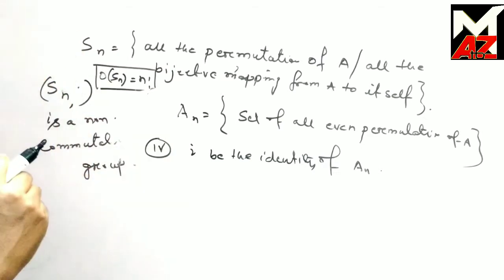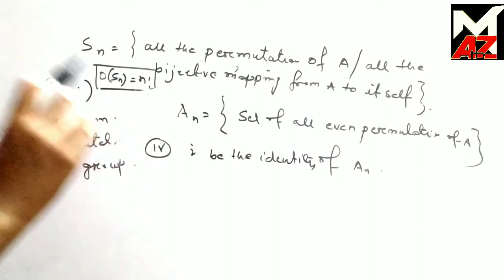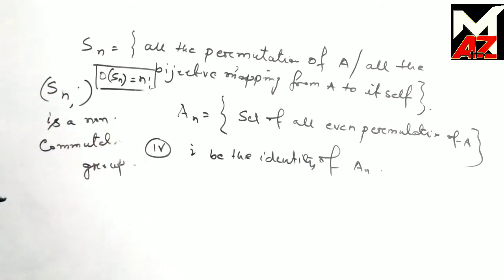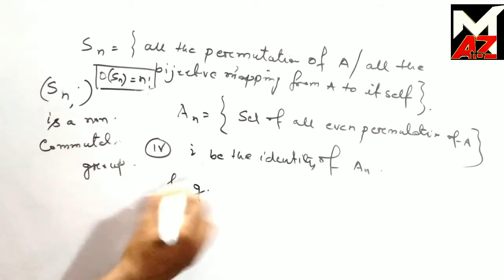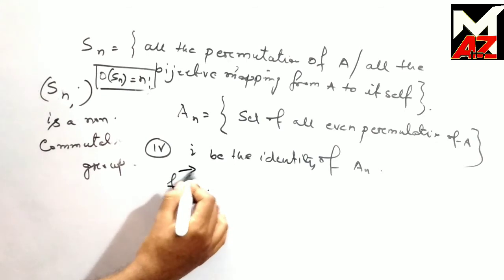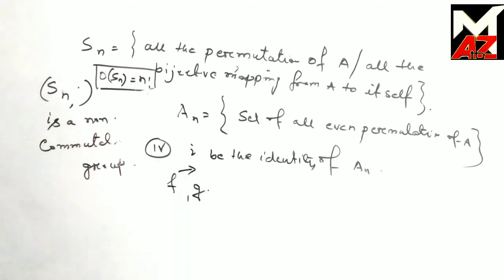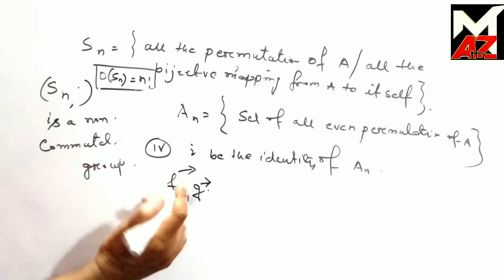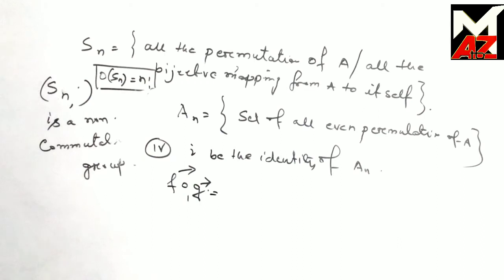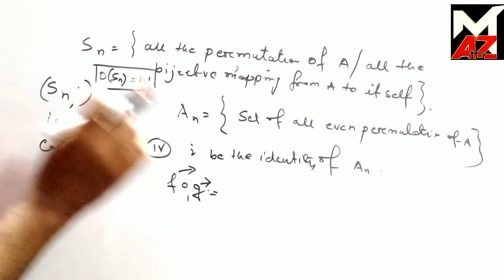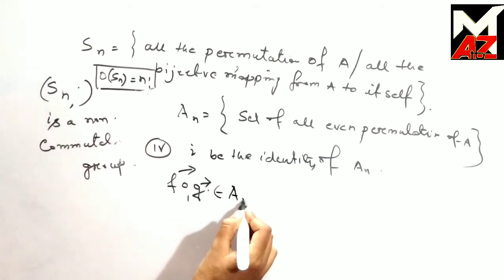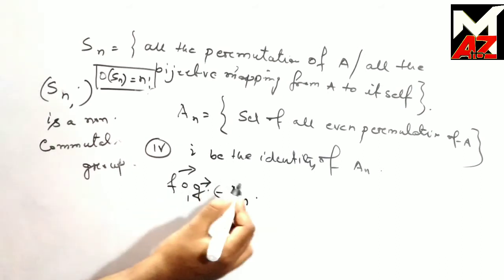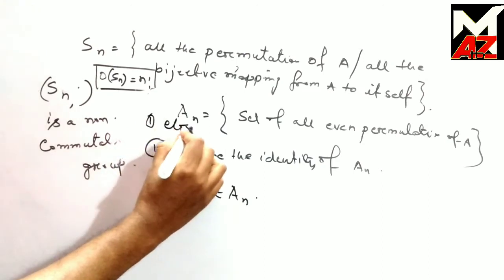Also we know that the multiplication of two even permutations must be an even permutation, because if f and g are two even permutations, then f contains an even number of transpositions, and g also contains an even number of transpositions. So f composition g contains an even number of transpositions, so f composition g is also even. That is, f composition g also belongs to An. So this is the first property, that is closure.